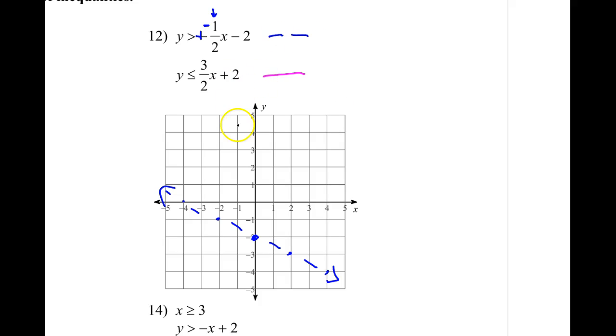And then start at positive 2, and then up 3, right 2. So we want to be, let's see here, above the blue line.